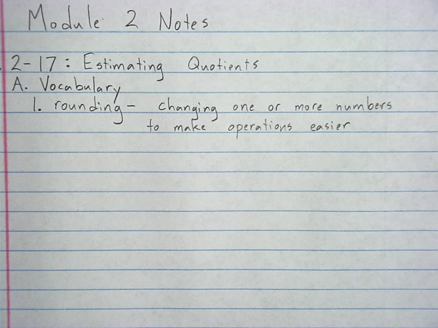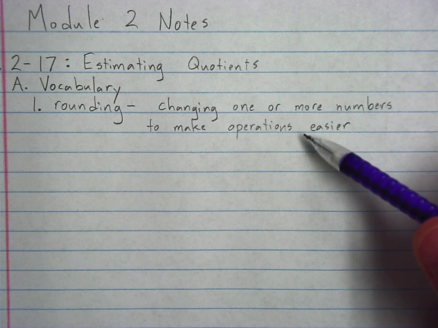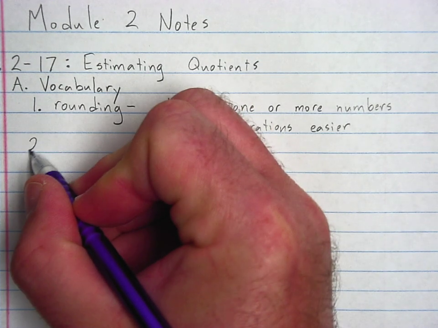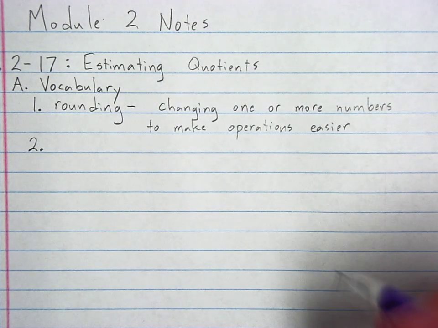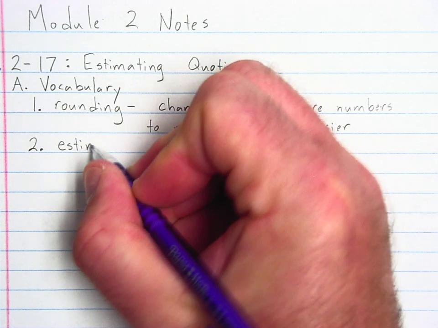And when I'm talking about operations, I'm just talking about add, subtract, multiply, divide, that sort of thing. Okay. Rounding is just changing the numbers. The purpose is so that the operations are easier, but we're not actually doing that yet. The operations, the adding, subtracting, multiplying, dividing, happens during this step.